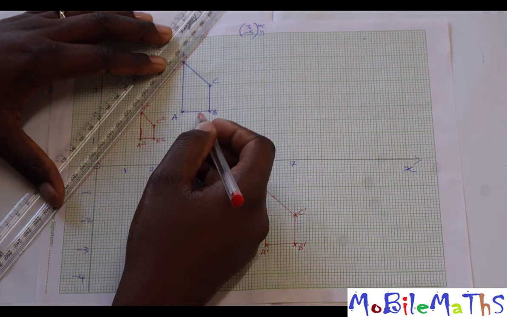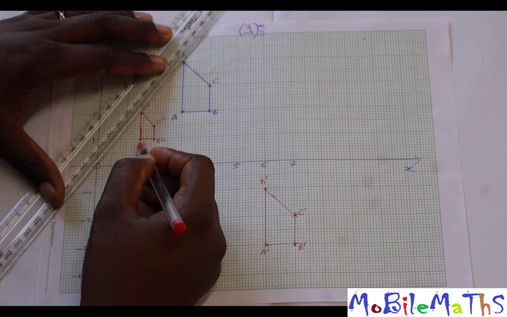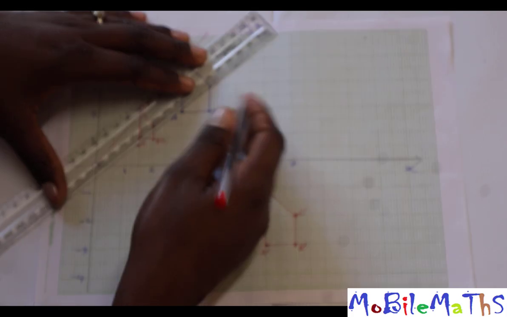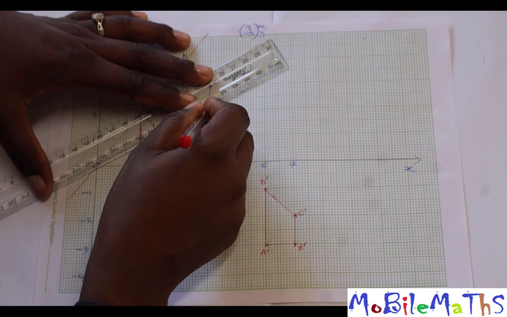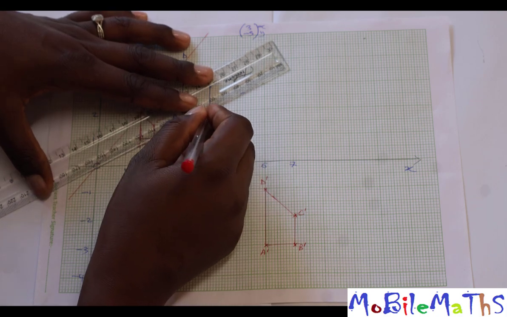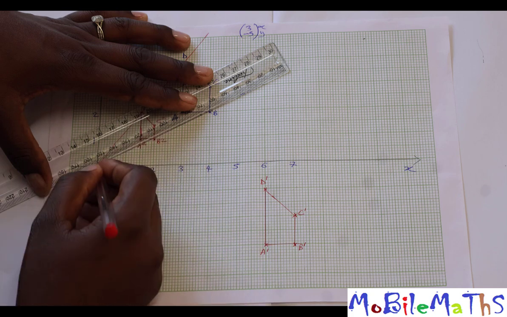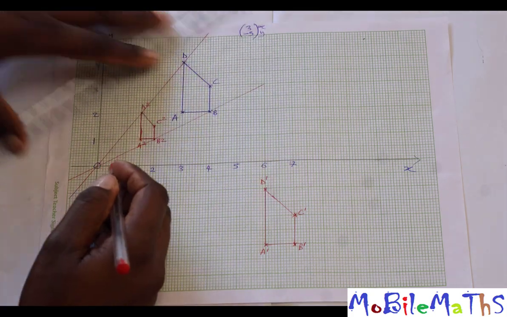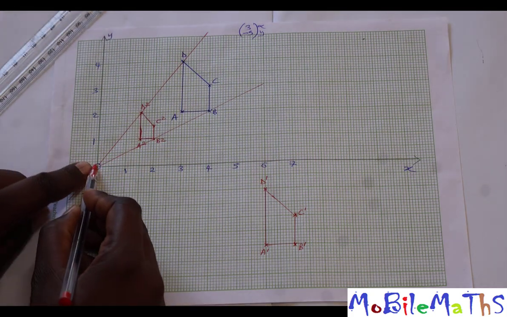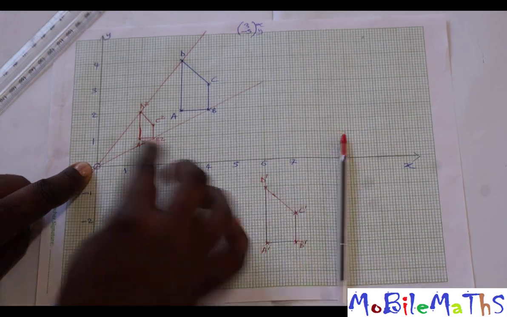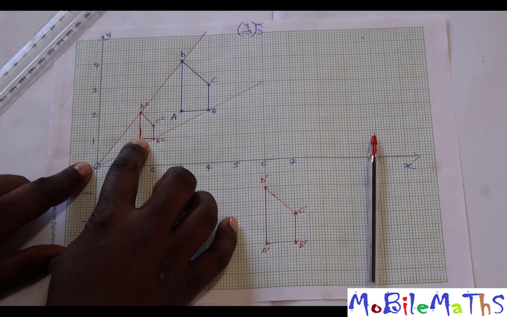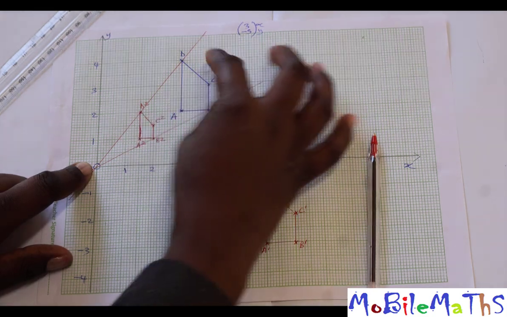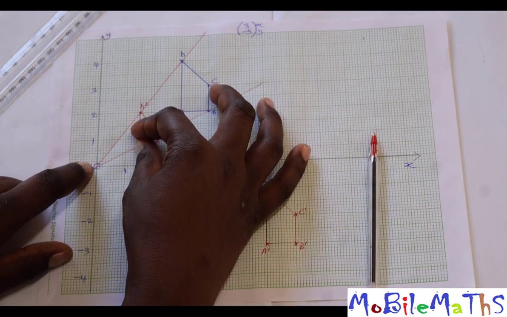I can join A and A, or B and B, or any points you want, but I'm going to take B and B. You find out they are going to meet at this point, and you can see that this D2 is moving from D by being a smaller factor here.